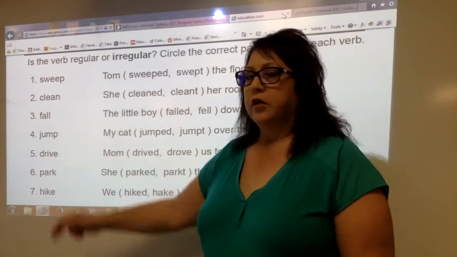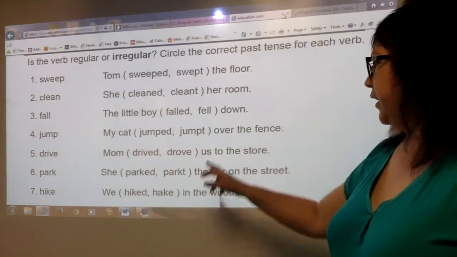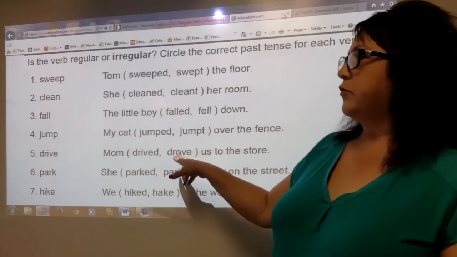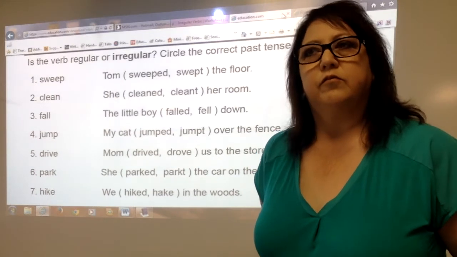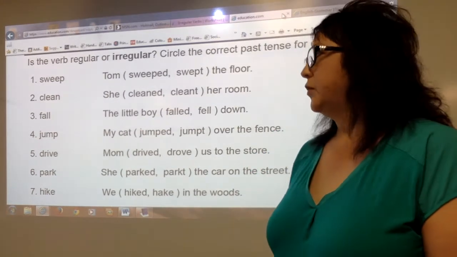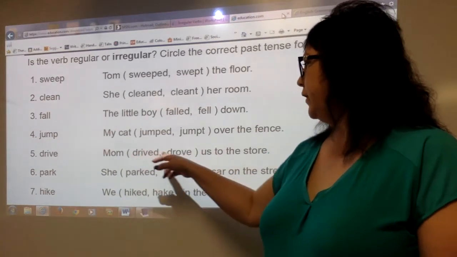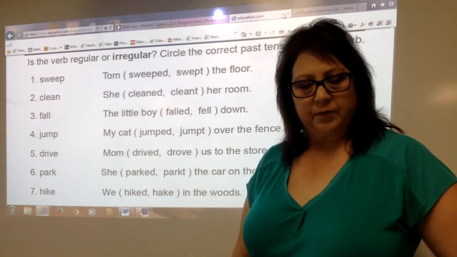Number 5, drive. Mom drove us to the store, or Mom drived us to the store? Which one is the one that sounds the best to you? Mom drove us to the store, Mom drived us to the store.